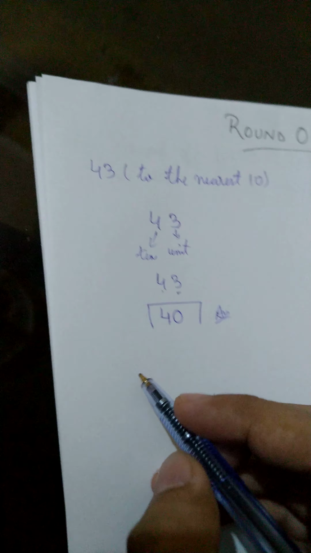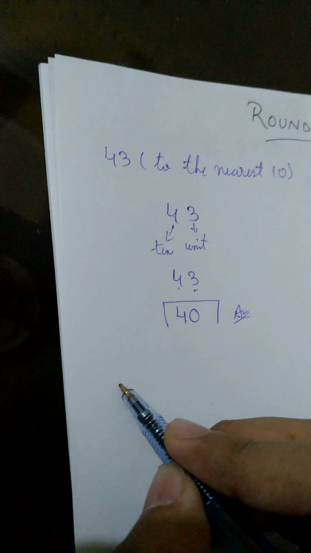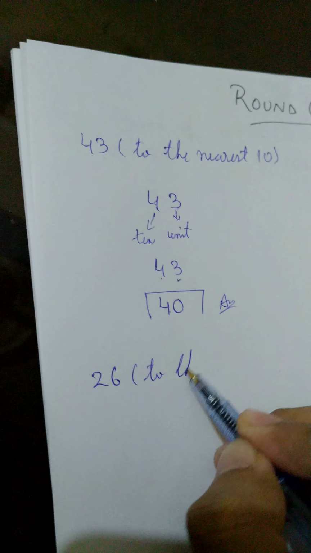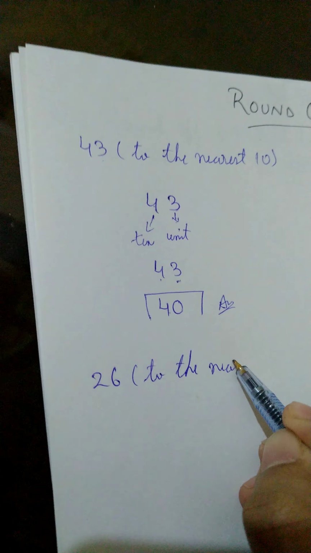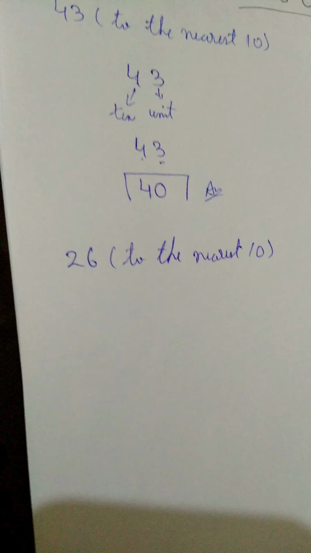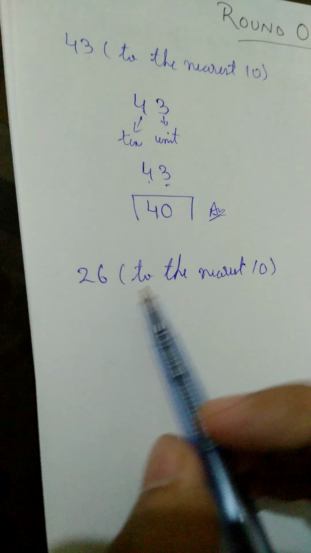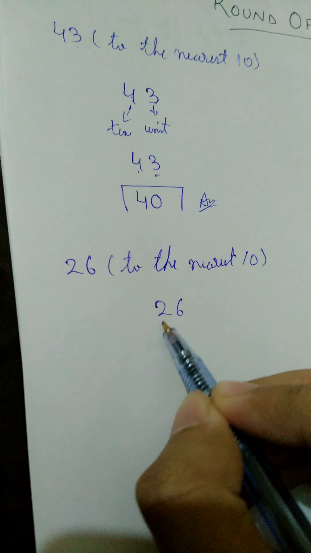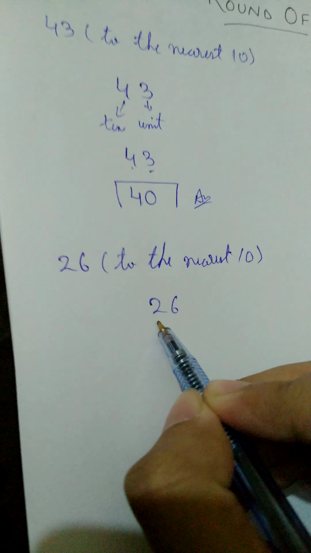Let's take another example. Let's take the number 26, again to the nearest 10. Let's again identify the places. The first number is unit, on the left is 10, so 2 is my 10 here.